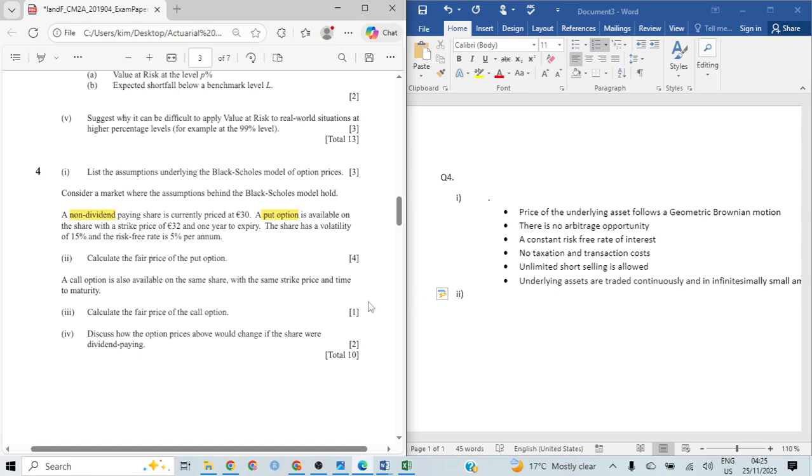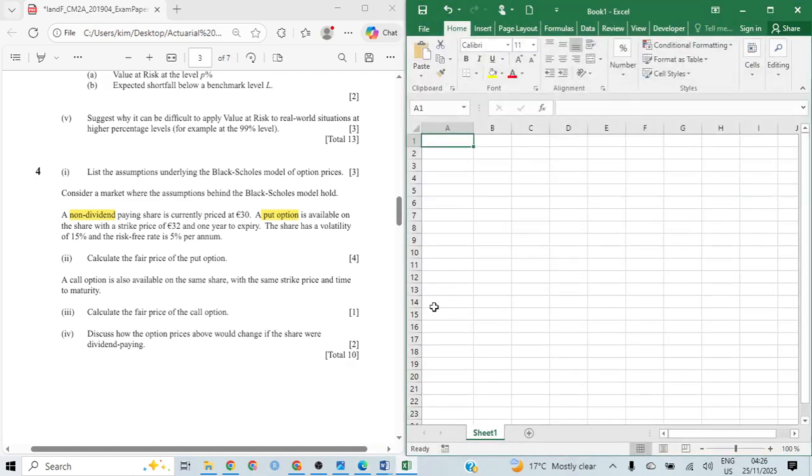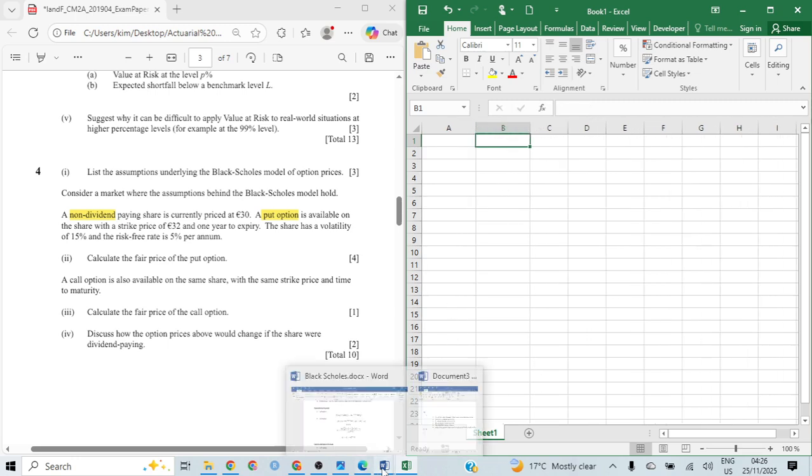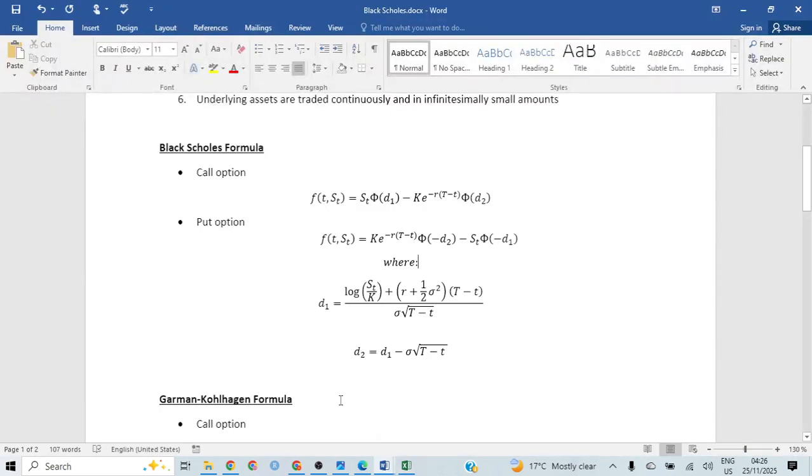4 points. So the best place to calculate this is in Excel, and I will show you just how. By now, if you have gone through the first video we did for the formulas of the Black-Scholes model, you should already have crammed these formulas.